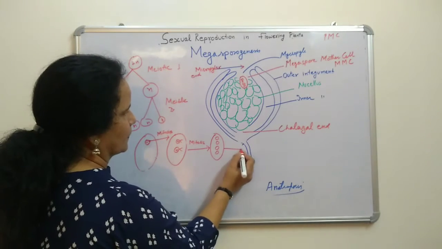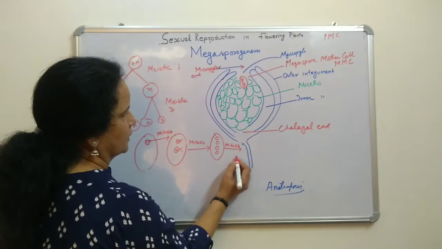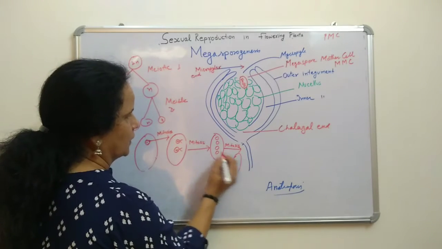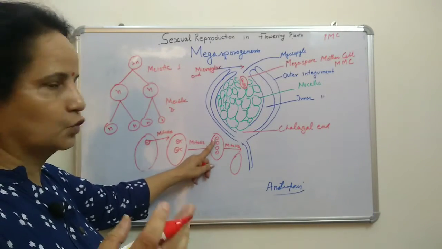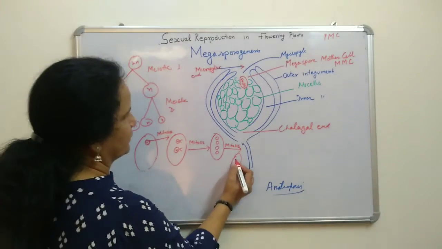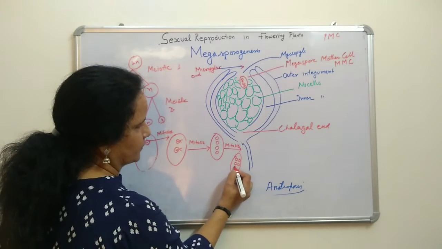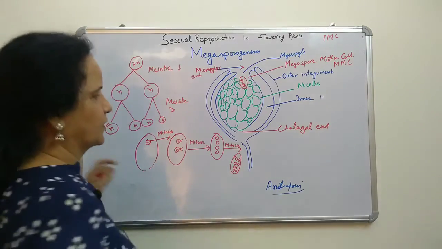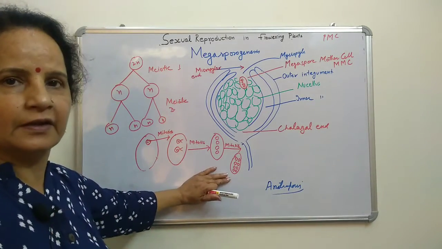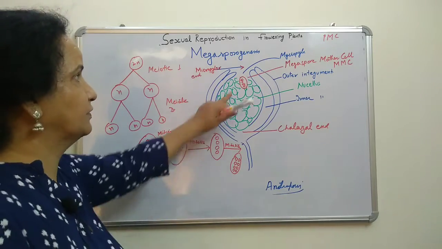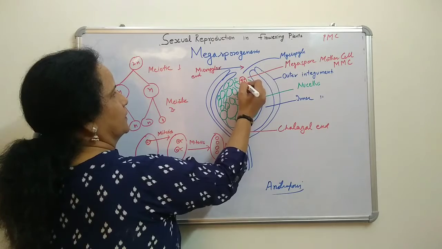Each of the 4 nuclei will form 2, so now we have 8. This is called the 8 nucleate stage.